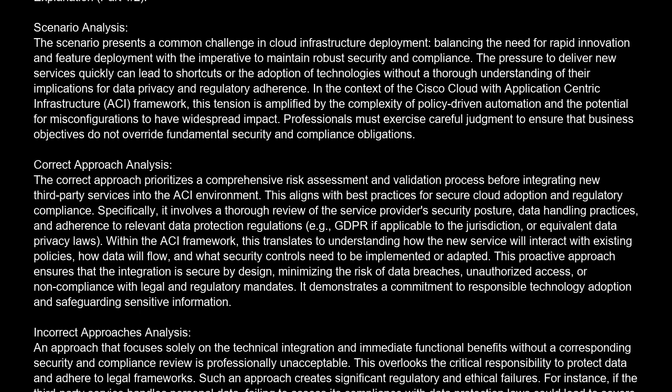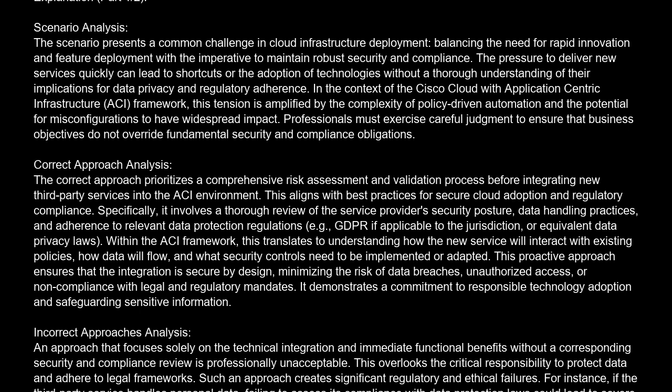Incorrect approach analysis. An approach that focuses solely on the technical integration and immediate functional benefits without a corresponding security and compliance review is professionally unacceptable. This overlooks the critical responsibility to protect data and adhere to legal frameworks. Such an approach creates significant regulatory and ethical failures.